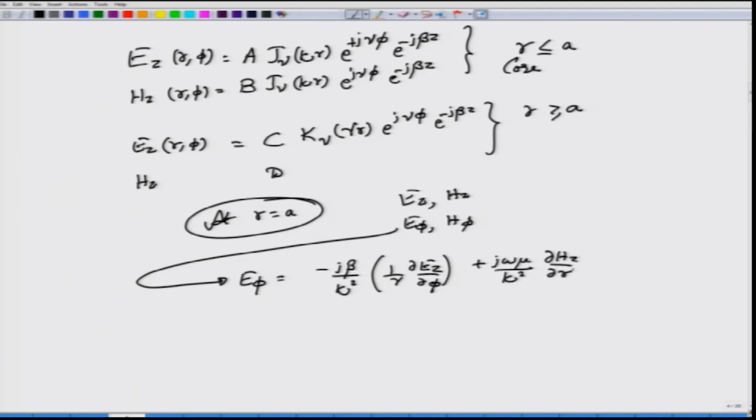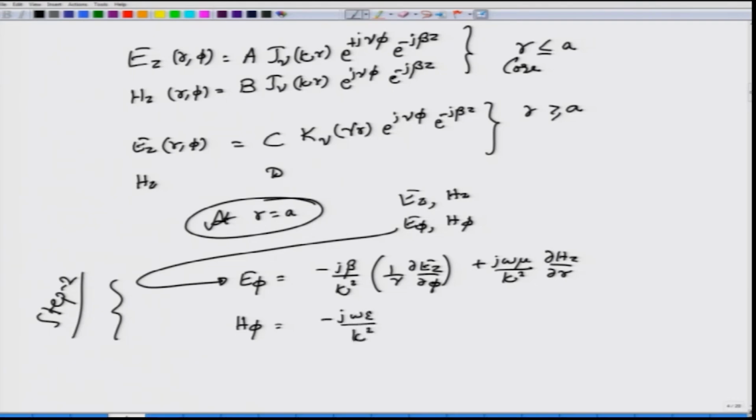So, clearly if you know both Ez and Hz, you can use this equation for E phi. Similarly, you can obtain an equation for H phi. These all come from step 2. I am hoping that you have done that exercise, so that you are not seeing these equations for the first time.